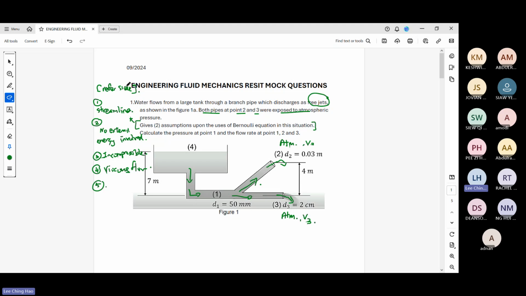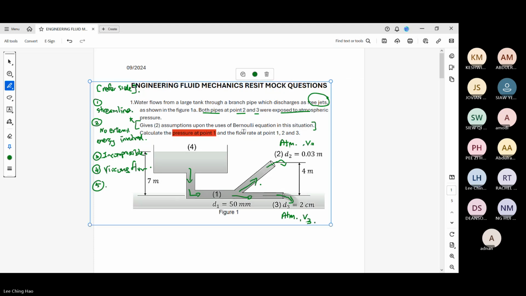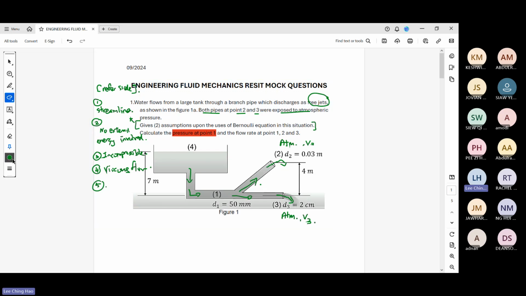Okay, so next, calculate the pressure. Now is the calculation. They ask you to find the pressure and the flow rates. Some people will ask what it means by flow rate, because in our tutorial we have specified mass flow rate and volume flow rate.